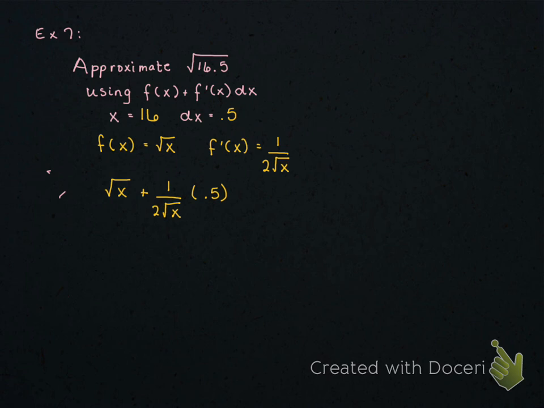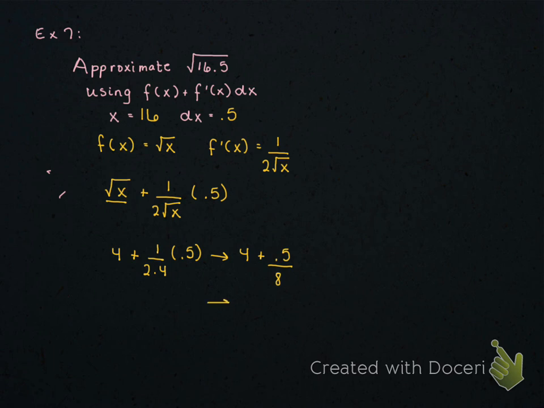Now what we're going to do is go back and put a 16 in for each one of those x's. So the square root of 16 is 4 plus 1 over 2 times the square root of 16, which is 4, times 0.5, which gives us 4 plus 0.5 divided by 8.